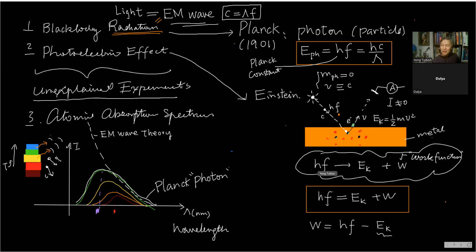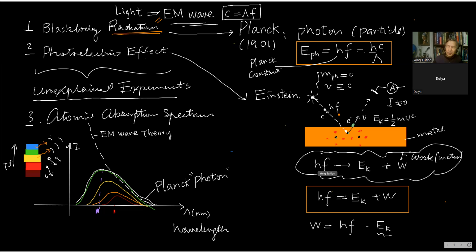But before we go to the experimental part, we have to understand what the photoelectric effect is and how Einstein borrows an idea from Planck to explain this phenomenon. Before Einstein, both black body radiation and the photoelectric effect were described by the old theory, like the electromagnetic wave, but they could not be explained.